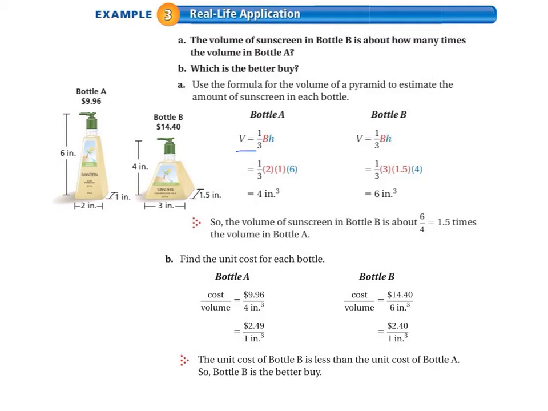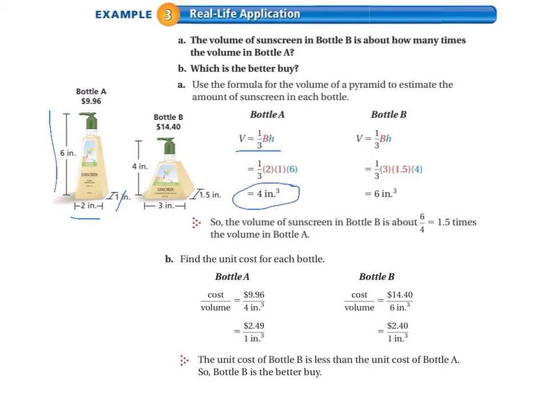And here we have our formula. Volume equals 1/3 base times height. So 1/3 times, if we look at our bottle A, 2 and 1. So 2 times 1 and our height of 6. And when we multiply all that out, we get 4 cubic inches.